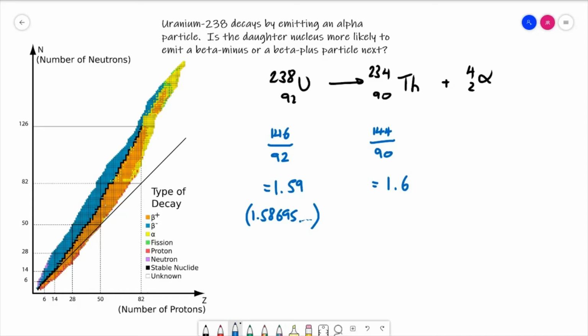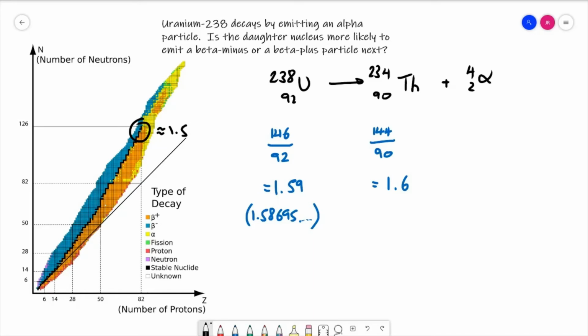What we can see then is that the NZ ratio has actually increased as that decay has occurred. And we can see that both values are above that number that we came up with earlier of 1.5 for the stable nuclei right up the top of our stable area. So up in this area here, we've got an NZ ratio of approximately 1.5. What we can see then is that thorium-234 nucleus has quite a high N to Z ratio.